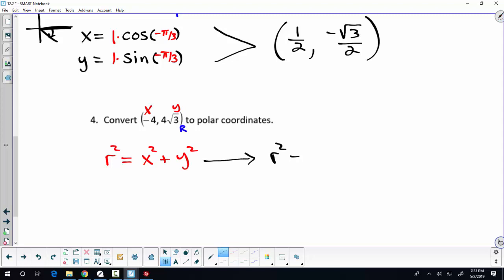With r squared, x squared is 16 plus 16 times 3, so positive 16 plus 48, that's 64.